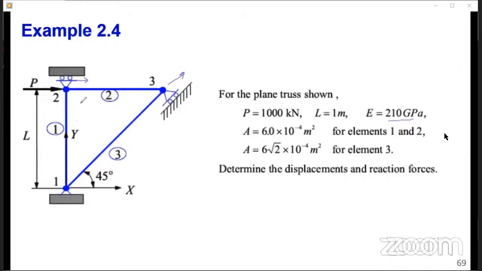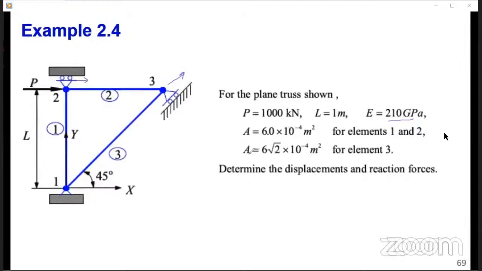It's up to you to decide, using the criteria that we discussed on how you locate nodes. It's up to you to define the node locations, and of course decide the naming of your nodes and elements.